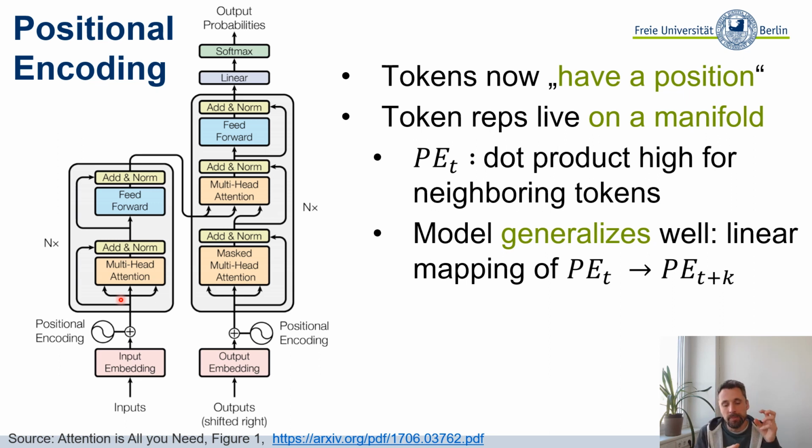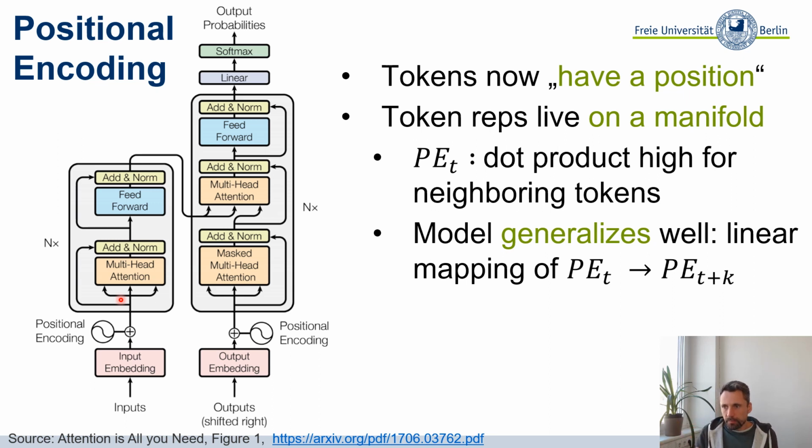Adding vectors on top of this kind of nice high-dimensional function enables those linear mappings WQ, WK, and WV to take this manifold into account, right?